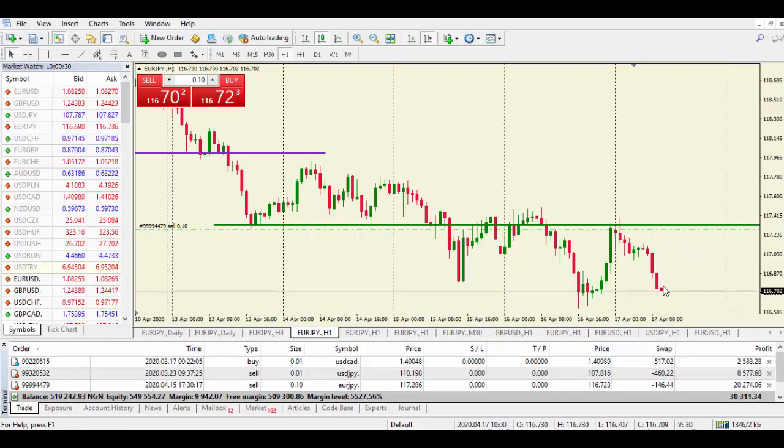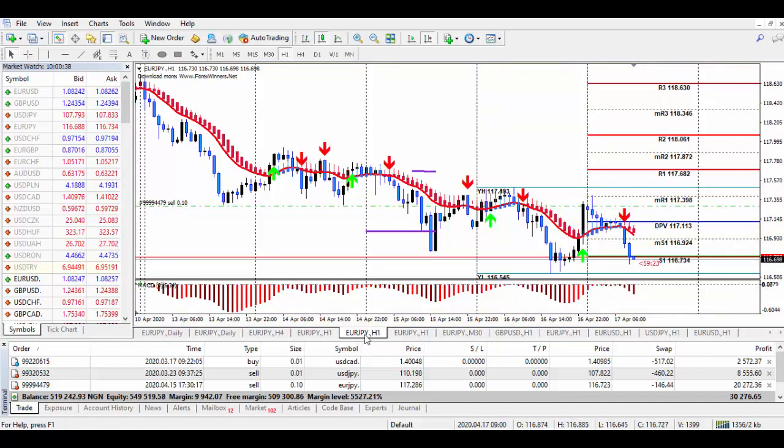Let's go down into the 1 hour time frame to look at possible opportunities on the market for today. So I'll click on this chart here, EURJPY for 1 hour. Now if you look at the analysis for the 15th of April 2020, that was here. This is the 15th. From here to here is one day, the 15th.